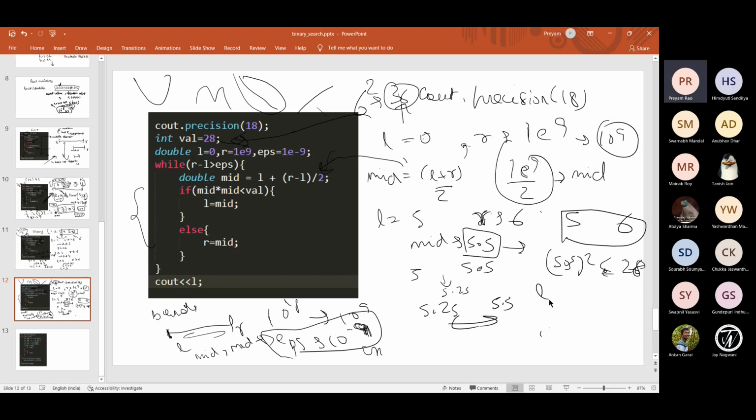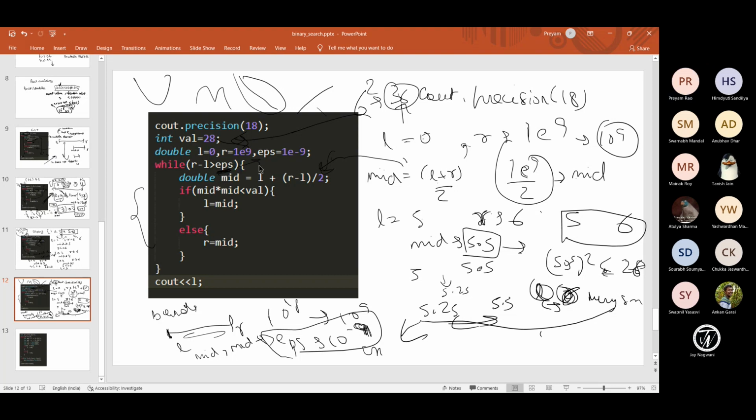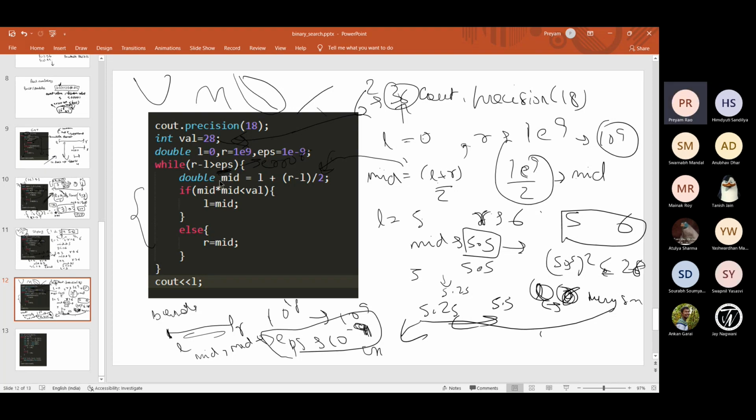We'll keep lowering the search space until the difference between L and R becomes very, very small. How small? Epsilon small, right? So we're checking while the search space, which is essentially R minus L, is greater than or equal to epsilon, which is our error metric.